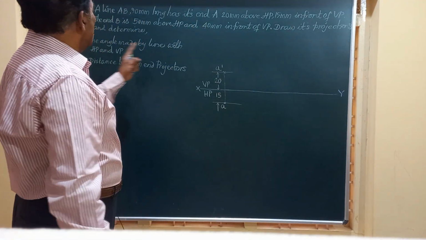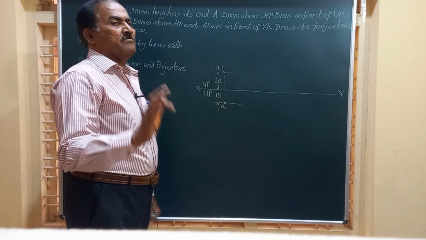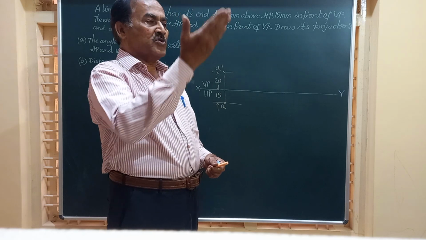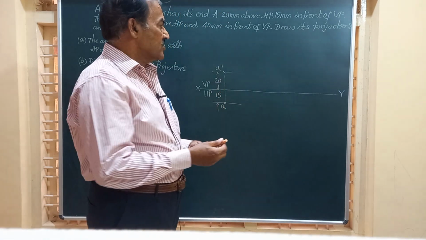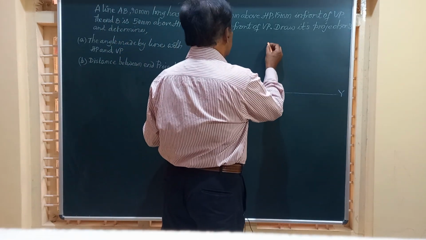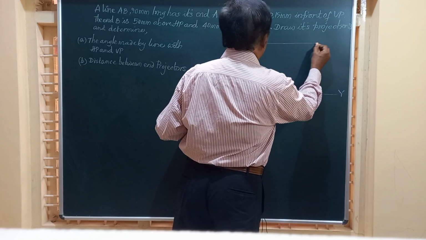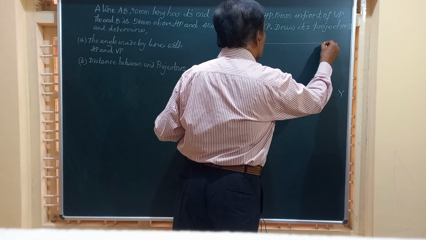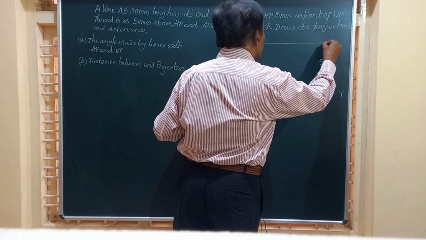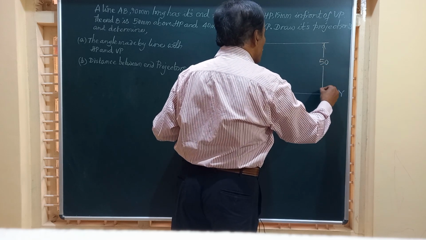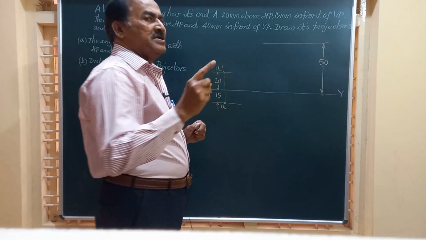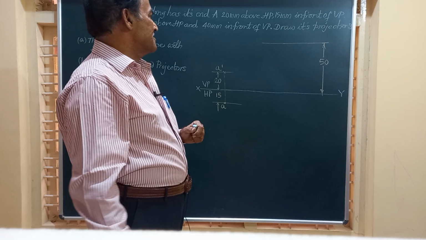Similarly, friends, the end B is 50 above HP. So I am going to draw a line here parallel to XY at a distance of 50 above HP. And on this line, which is called the locus of the end B, we are going to get B dash and B1 dash.